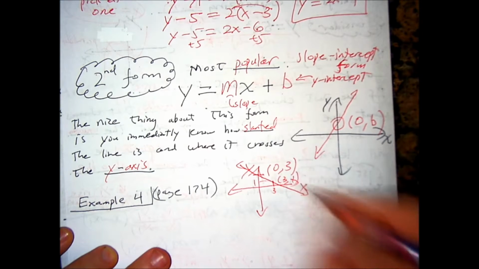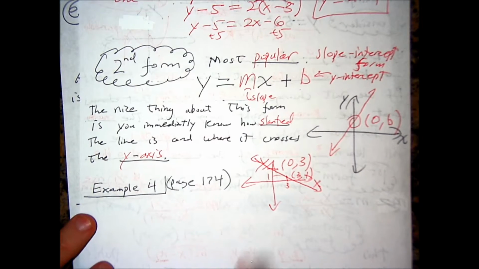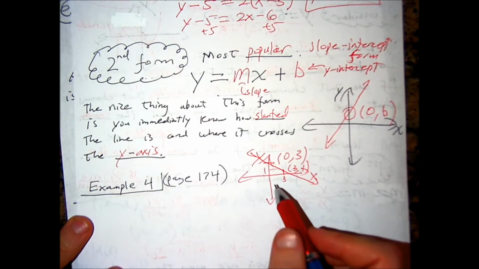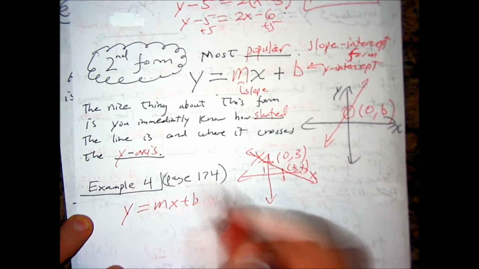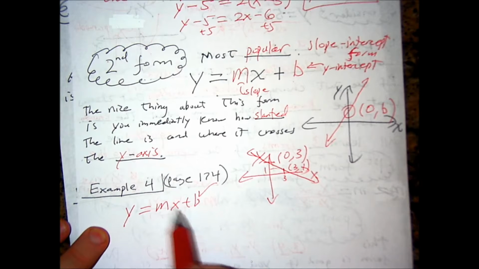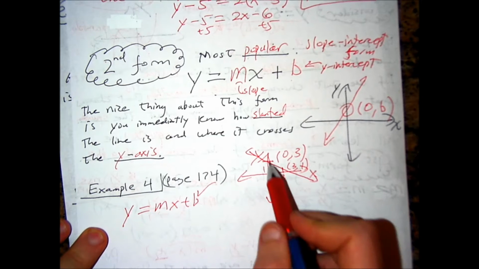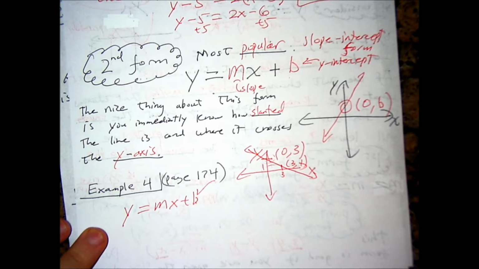So figure out the equation of the line from the picture. So right away, what do we know? Let's write our form, mx plus b. We know b right away. Remember, there's only certain things in the equation you're supposed to fill in. I'm not supposed to fill in x. I'm not supposed to fill in y. I'm only supposed to fill in b and m. So I know b right away because that's where it crosses. And so 3 goes right here. So b is 3. You could write on the side, b is equal to 3.